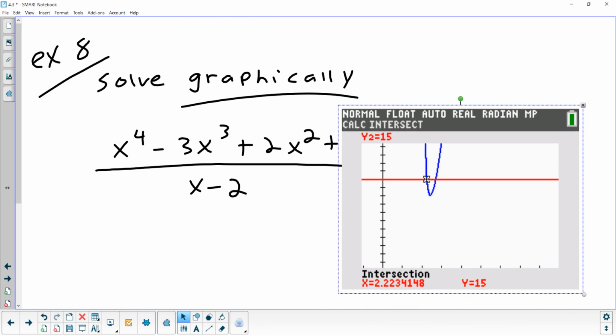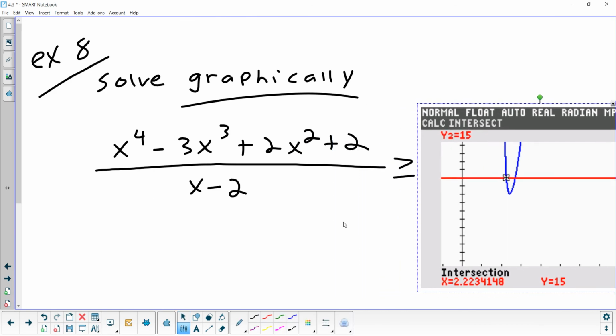I get 2.22. So we can pick anything from somewhere up to, or including, 2.22, but there is a minimum. What's the minimum?